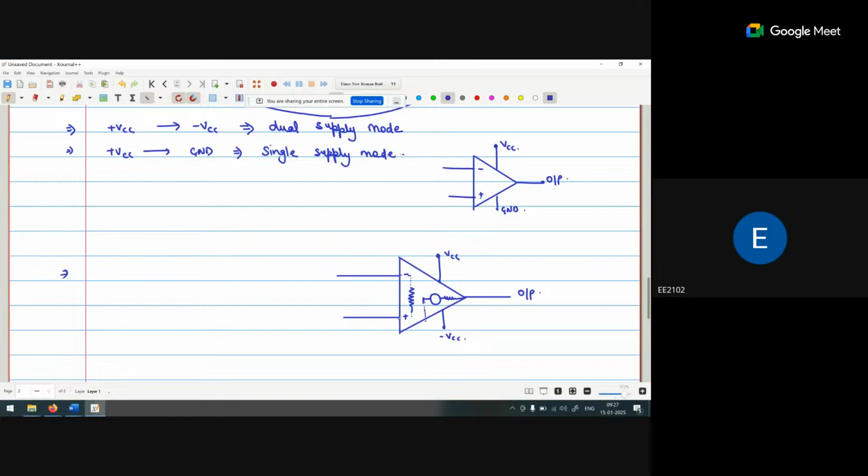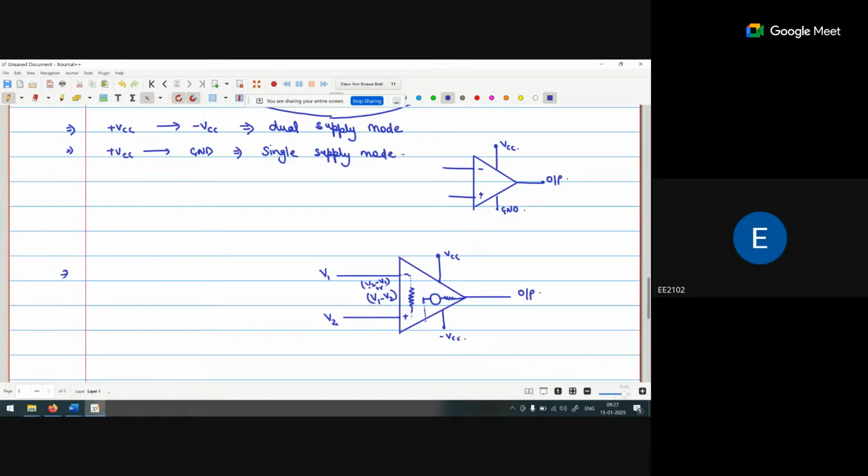If I apply the V1 voltage here and V2 voltage here, the voltage drop across this resistor is V1 minus V2 or V2 minus V1, whichever voltage is greater.